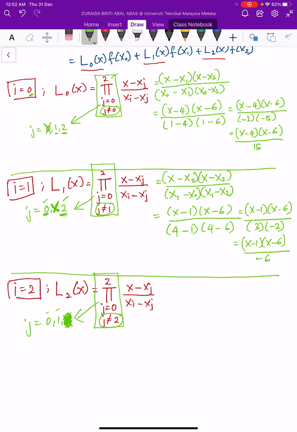So the first j is 0, so x minus x naught, and our i is 2, so x2 minus x naught. The next j is 1, so it's going to be x minus x1.